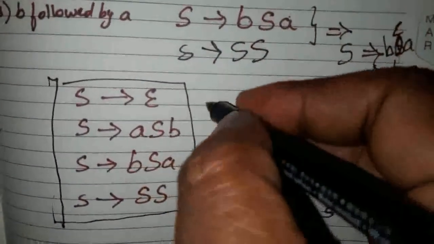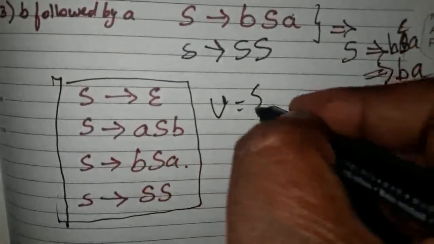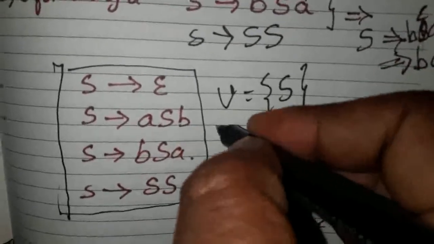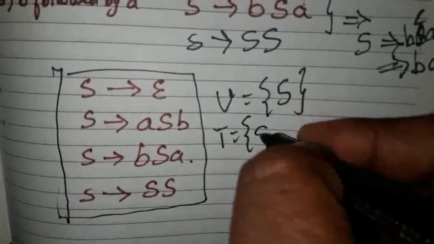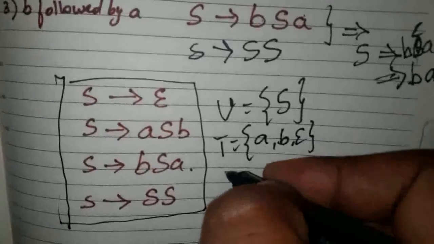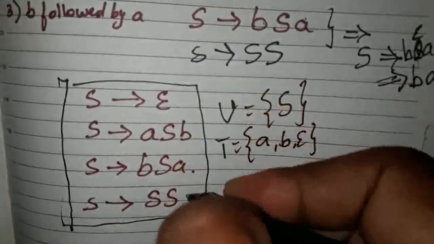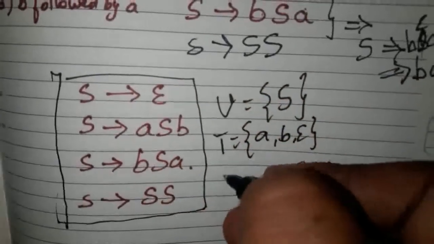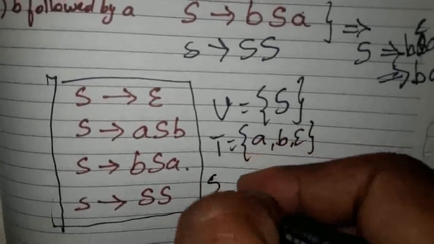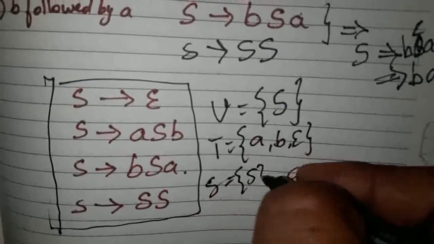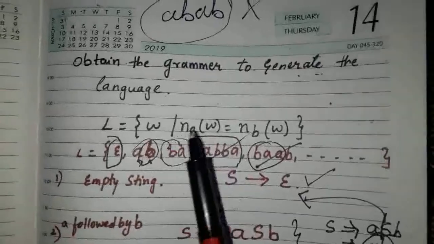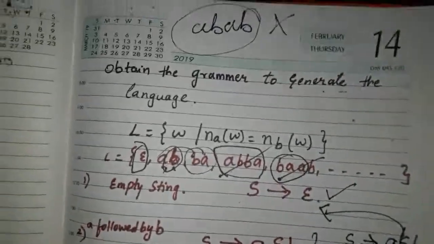What are the variables we have, the set V? Only S. What are the terminals we have? A, B and epsilon. What are the productions? 1, 2, 3, 4 productions are there. The start state is also S only. So this is an example where the number of A's should be equal to number of B's.